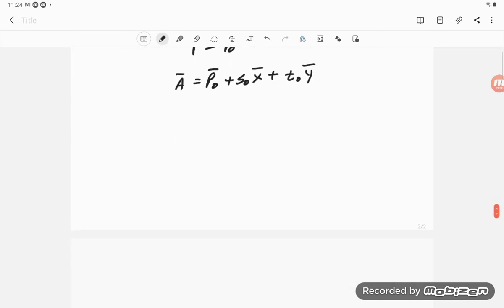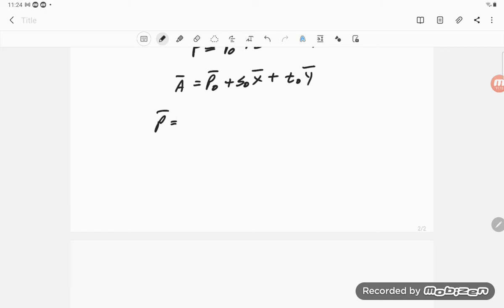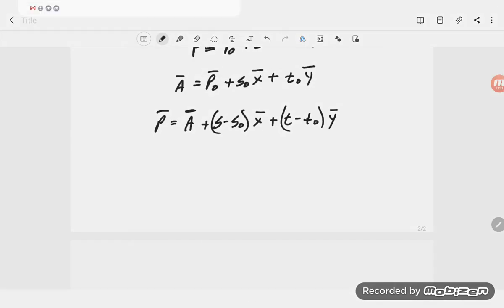Right, so if that's the case, we can also write P equals A plus (S minus S0) times X plus (T minus T0) times Y. Okay, so what the heck happened there?